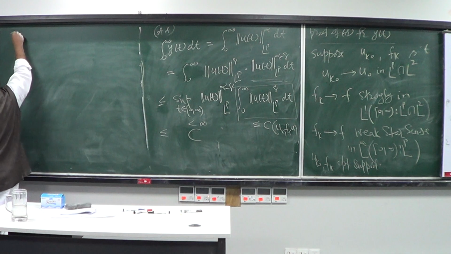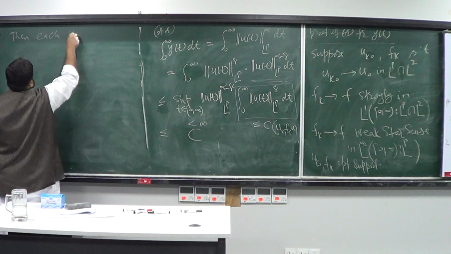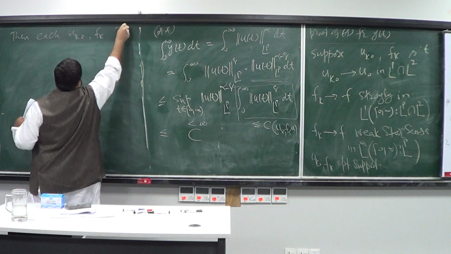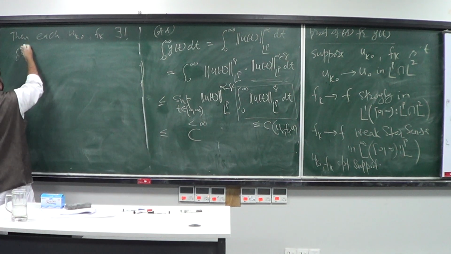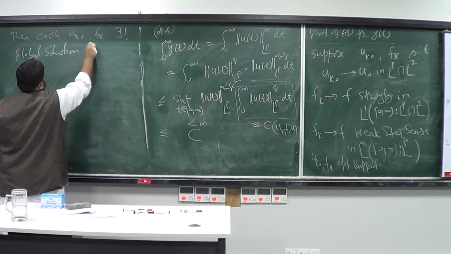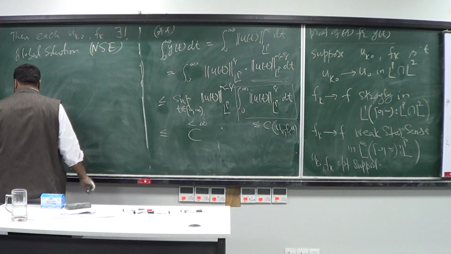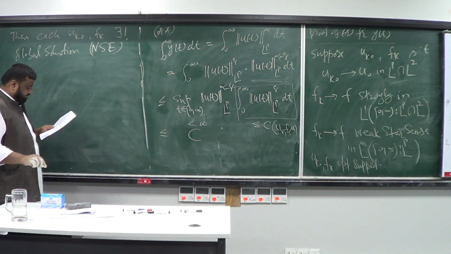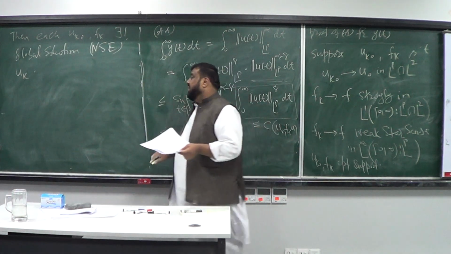So then for each U_k naught and F_k, there exists a unique global solution to our original Navier-Stokes equation. Let's call that global solution U_k.